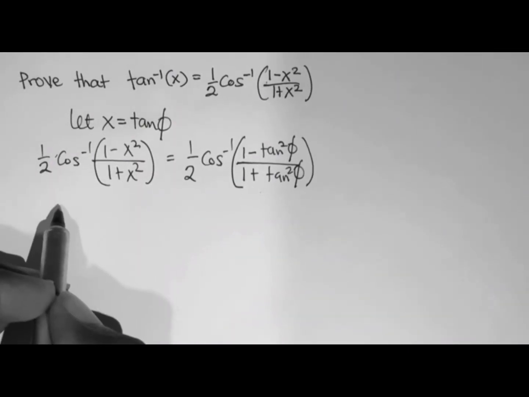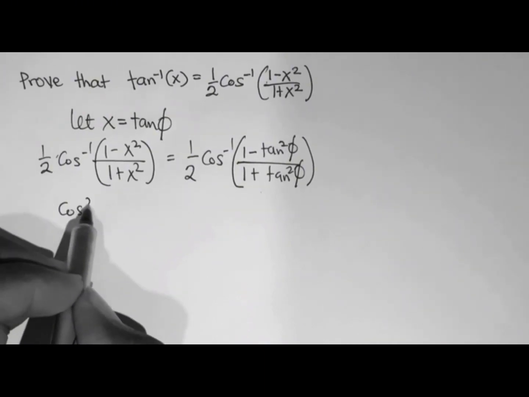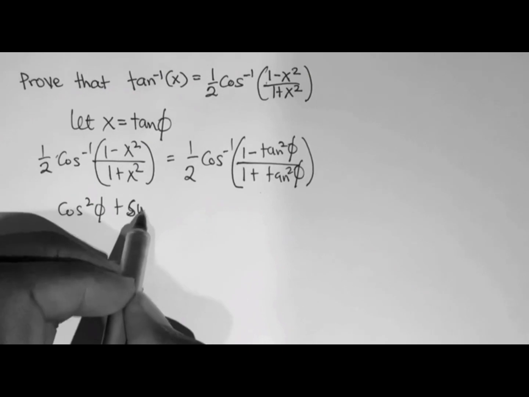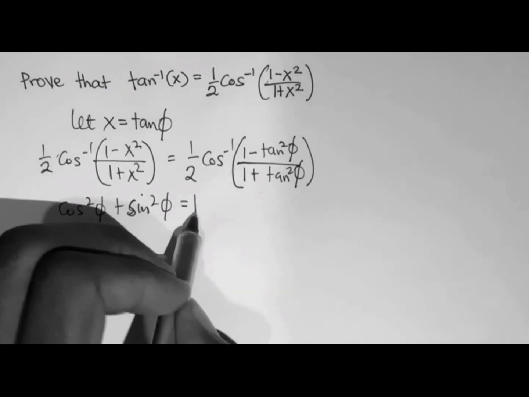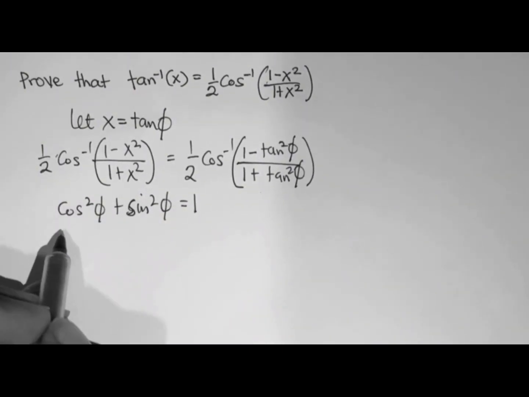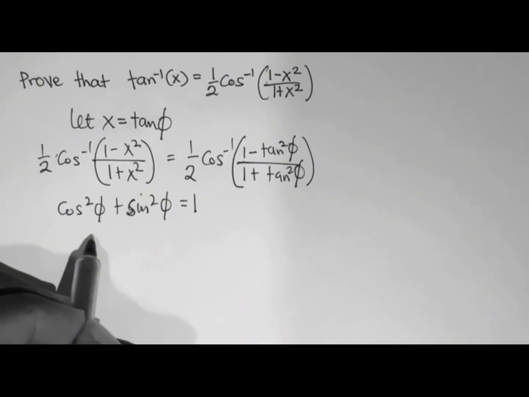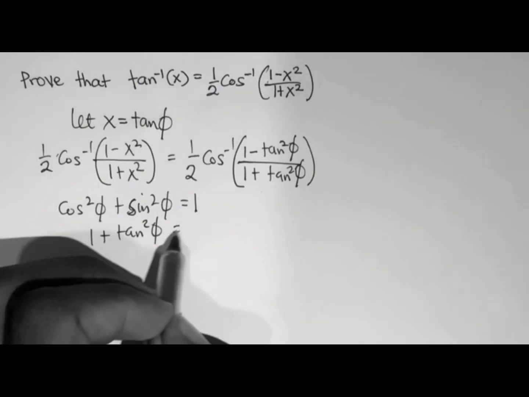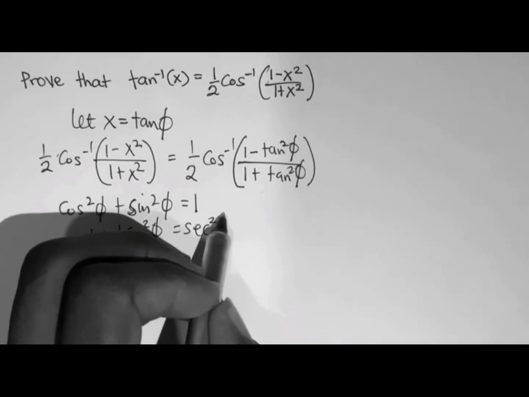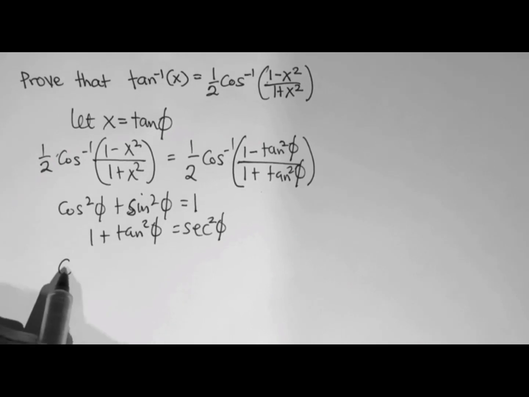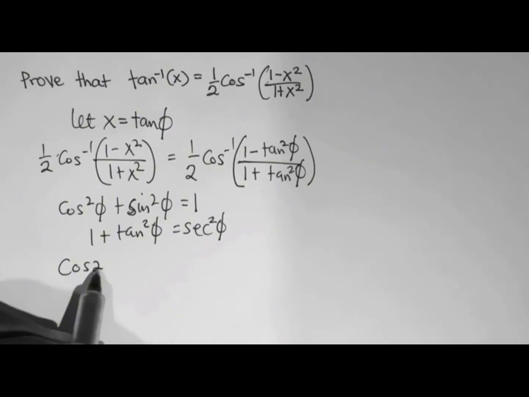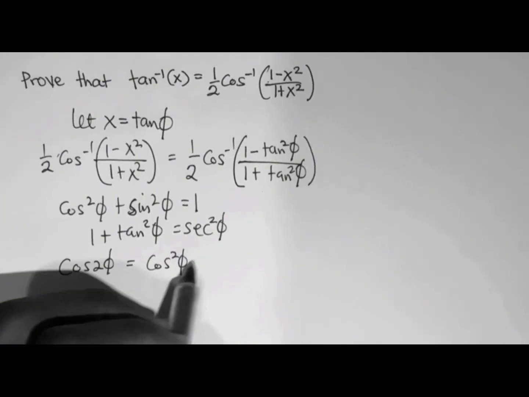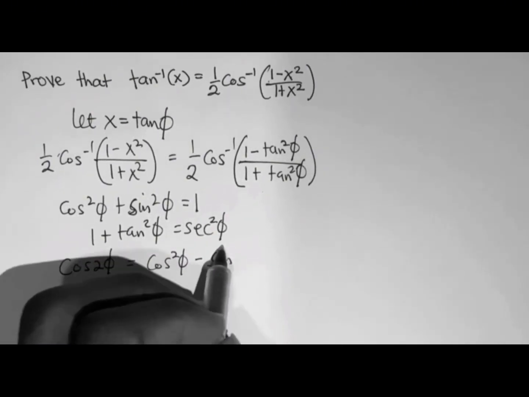But we know from trig identities that cos squared phi plus sin squared phi is equal to 1. So if we divide through by cos squared phi, we get 1 plus tan squared phi equals sec squared phi. Also, from trig identities, we know that cos 2 phi is equal to cos squared phi minus sin squared phi.